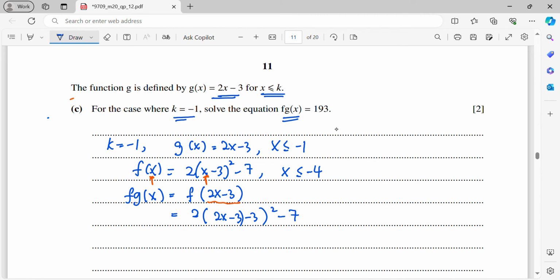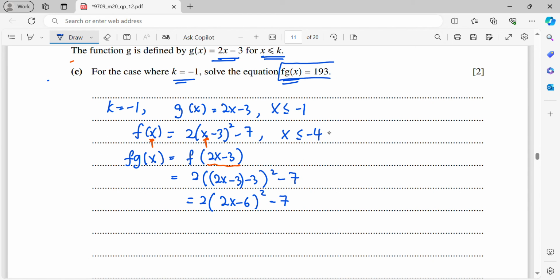Then 2 of (2x − 3) becomes (2x − 6) squared minus 7. Now replace this function by 193, given fg(x) is 193. So I will write 2(2x − 6)² − 7 is 193.